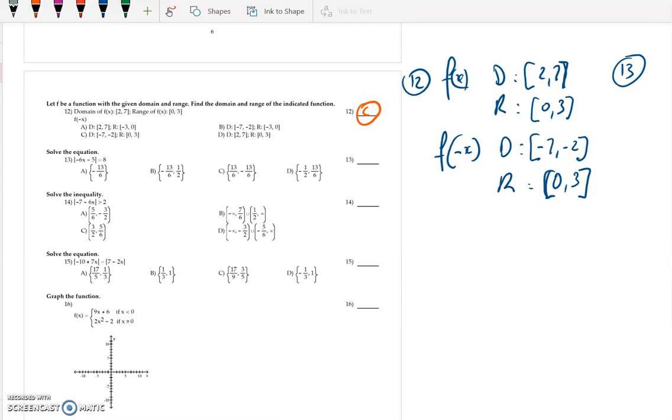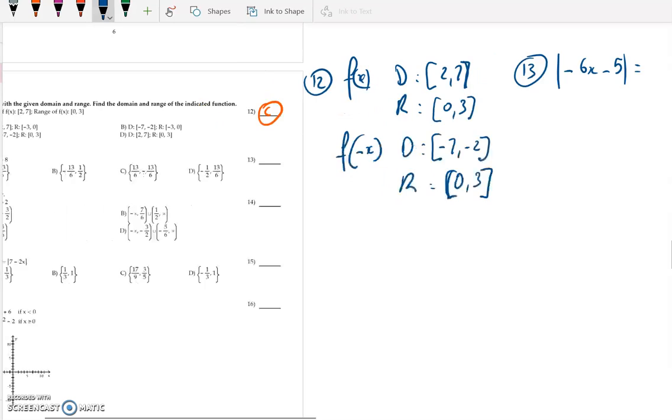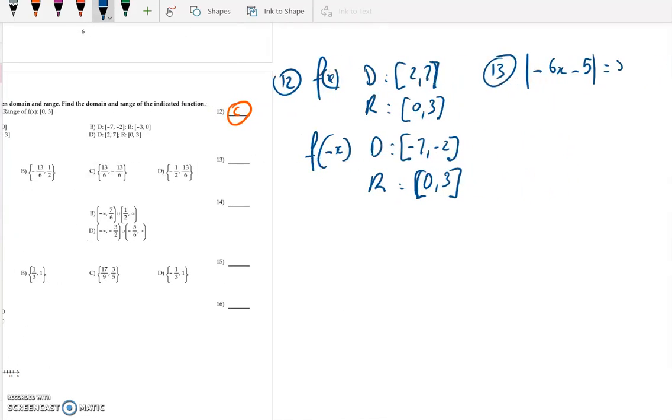We're having the absolute value of negative 6x minus 5 equal 8.